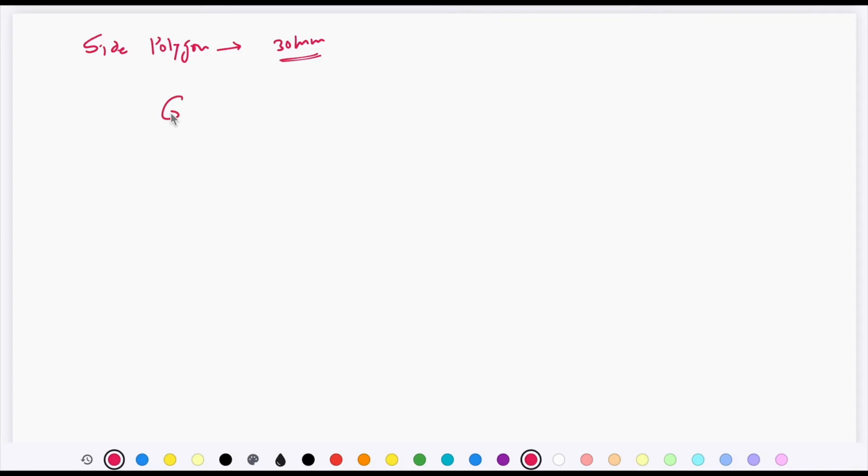The first one is the general method. In the general method, let's say this is a basic side, the length of this side is 30 millimeter. Let's name this side AB.